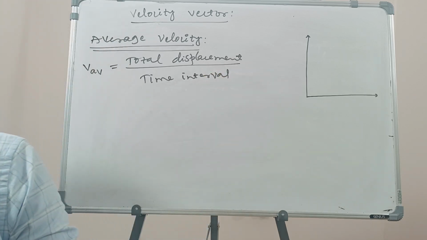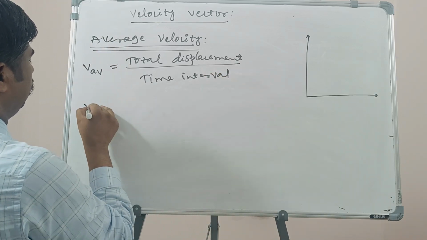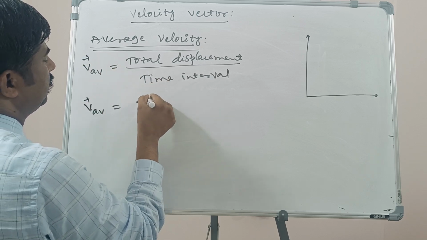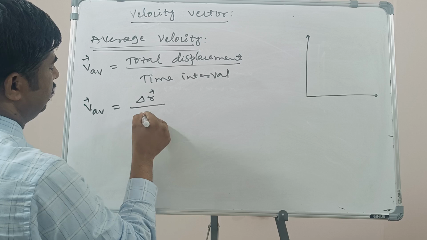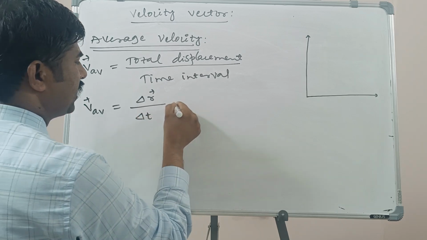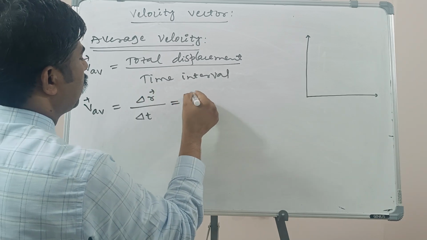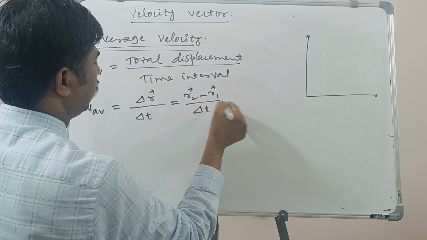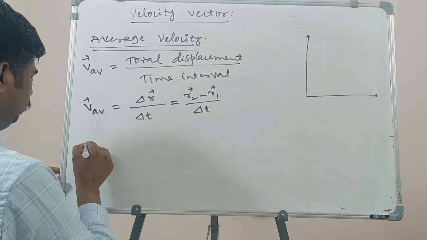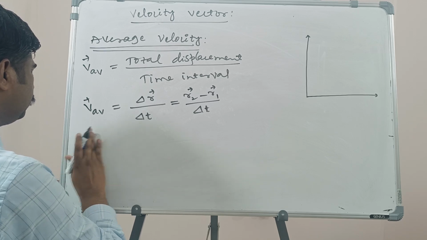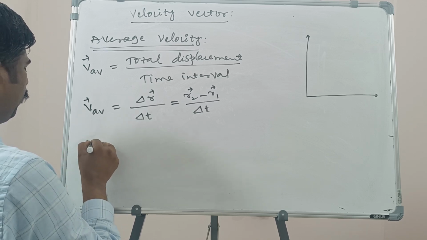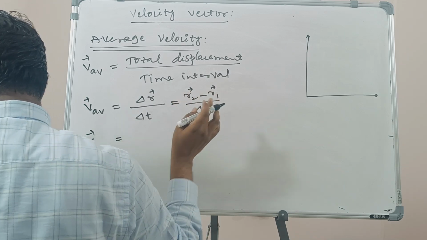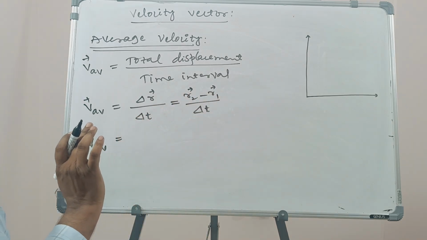So here you can write the displacement as delta r and the time interval as delta t. Further, r2 is the final position and r1 is the initial position, divided by delta t. We can write V average is equal to delta r by delta t. Can we write r2 and r1 in terms of x and y?